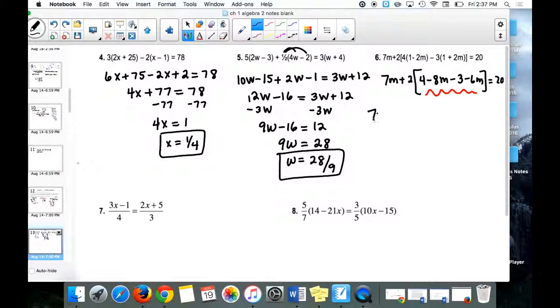All right, so I'm going to have 7m plus 2 times 4 minus 3 is 1. Negative 8m minus 6m is negative 14m. So I have 7m plus 2 minus 28m equals 20. Do you guys have that? So check your paper. 7m plus 2 minus 28m equals 20.